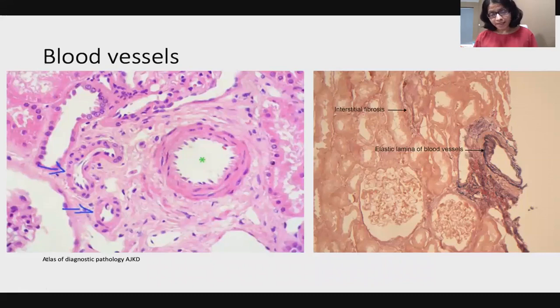To facilitate looking at the amount of damage in the vessels, we use a stain which you can see on the right-hand side, the elastic Van Gieson stain, and that highlights any damage within the elastic lamina within the blood vessel. When it is damaged, it becomes duplicated, maybe 2 layers, maybe more than that. So this is your EVG stain, another routine special stain done.